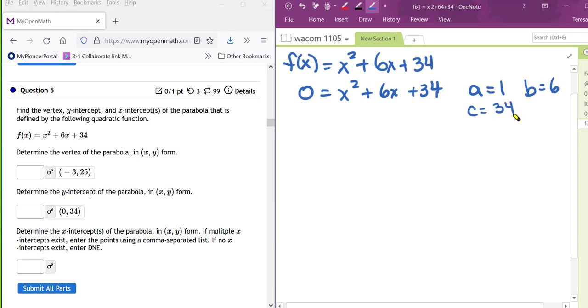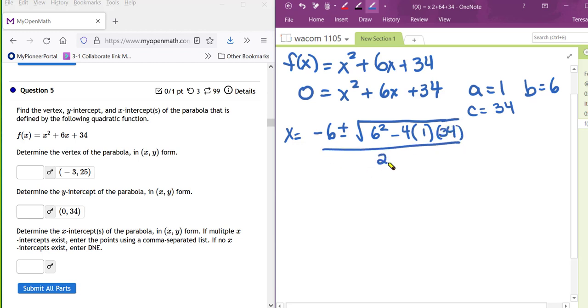All right, so your formula, x is equal to negative b, and I'm just going to plug it in as we go. So negative b plus or minus the square root, b squared minus 4 times a times c over 2 times a.